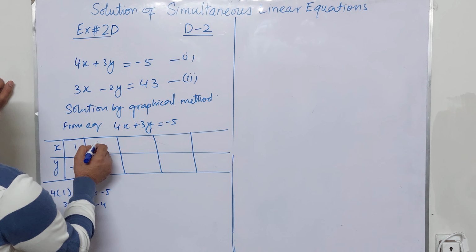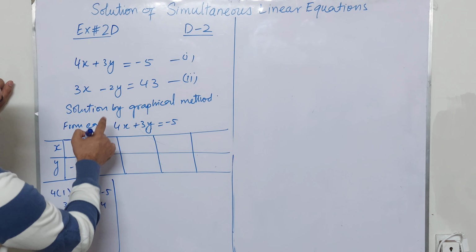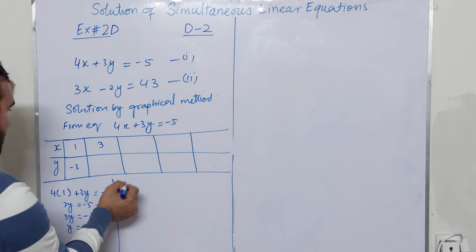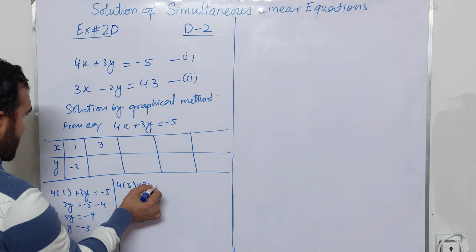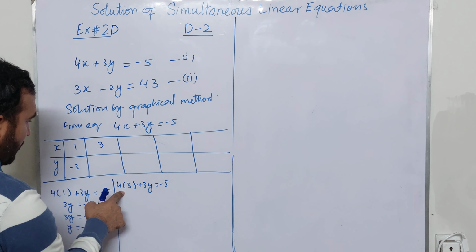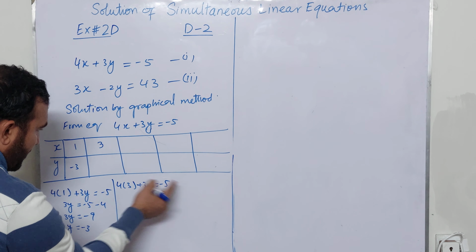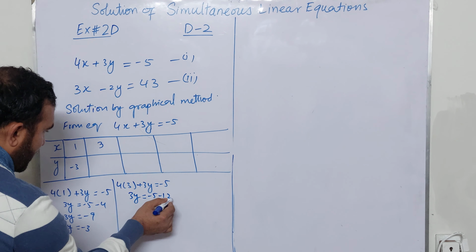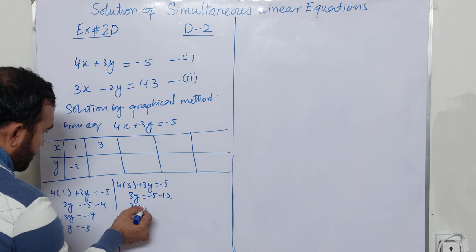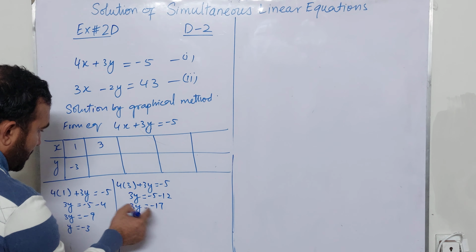Similarly, if we choose another value, 3, I will replace x with 3, right? So it will be 4 times 3 plus 3y is equal to minus 5. 4 3s are 12, shift this 12 to the other side, so 3y is equal to minus 5 minus 12, so 3y is equal to minus 17, and divide both sides by 3.